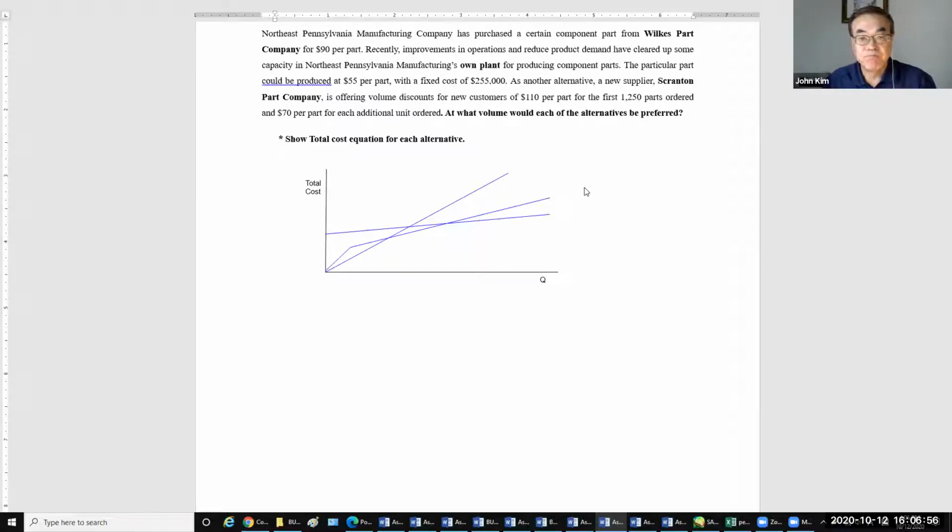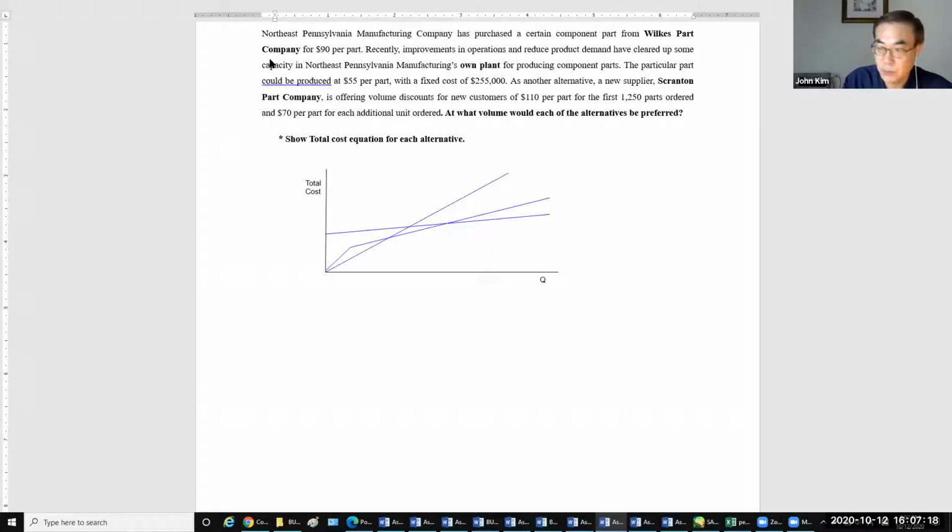So solving this problem, first step is develop a total cost equation for each option. There are 3 options by part from Wix part company.